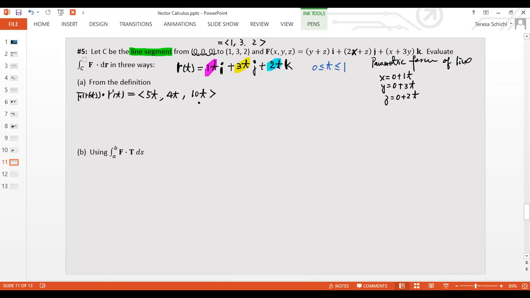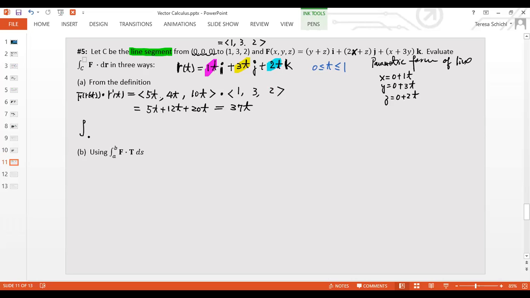Then the dot product with r prime. What is r prime? You take the derivative, this is (1, 3, 2), correct? Now your dot product will be 5t plus 12t plus 20t, so in total 37t.